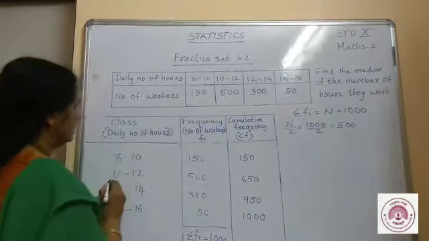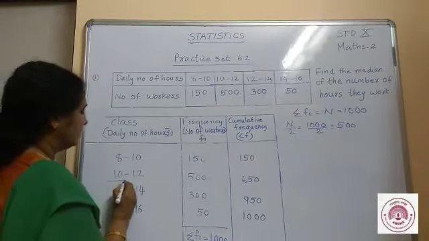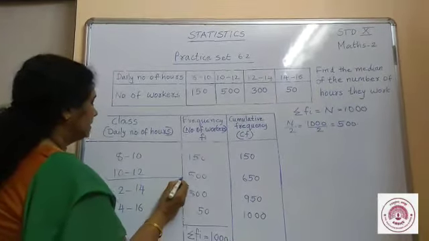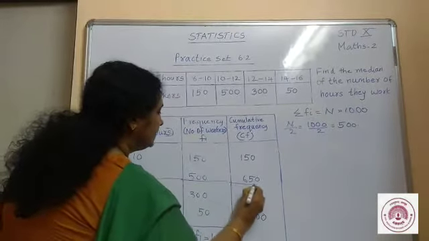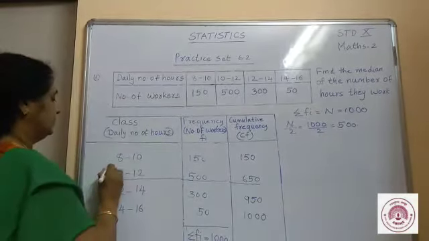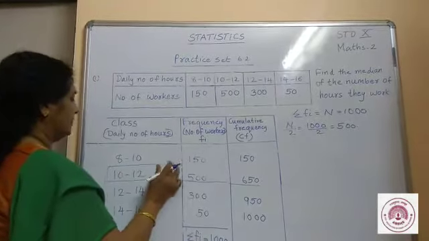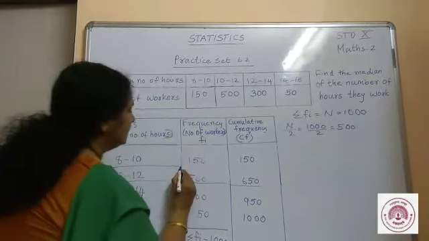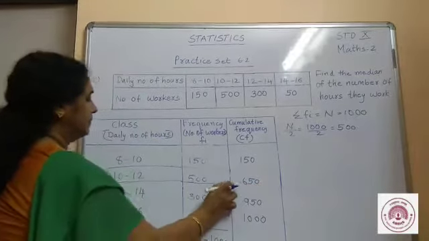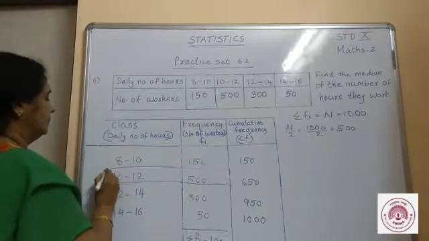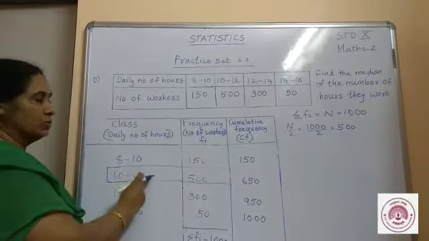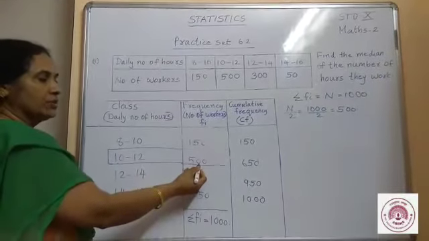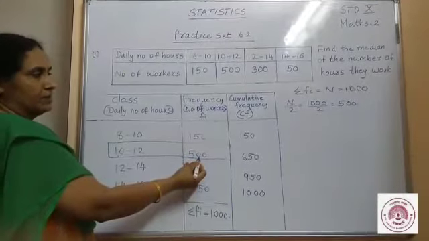So this class is the median class. Which is the median class? 10 to 12. And what is the frequency of the median class? 500.